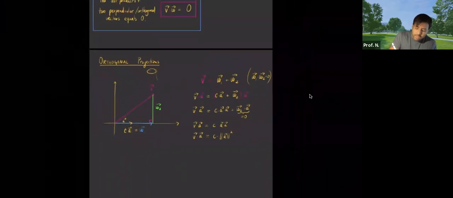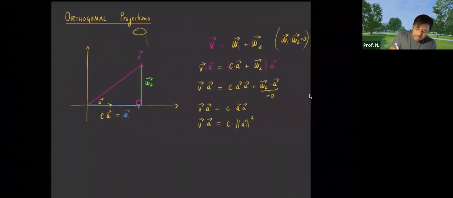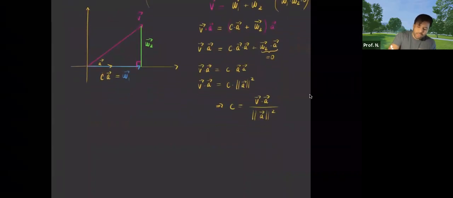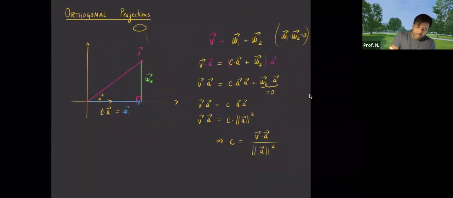And what am I really looking for? I'm looking for the scalar multiple that I need to give to A so that I get W1. And that scalar multiple is V dot A divided by the norm of A squared. So what is W1 then? Remember W1?